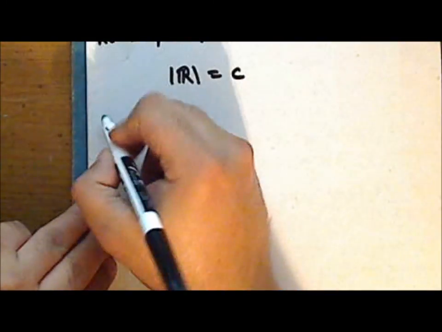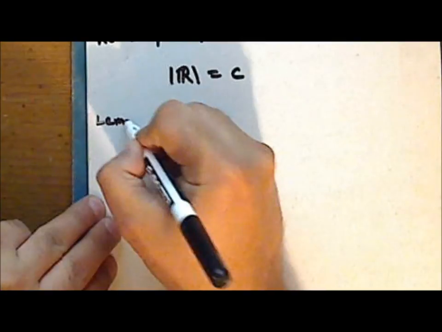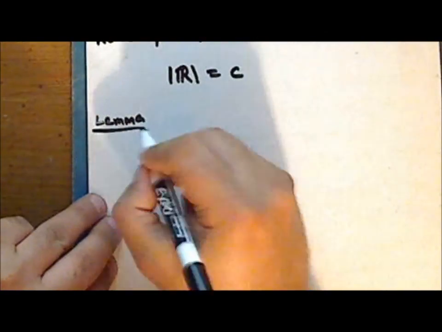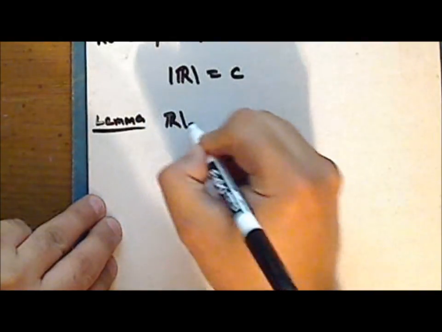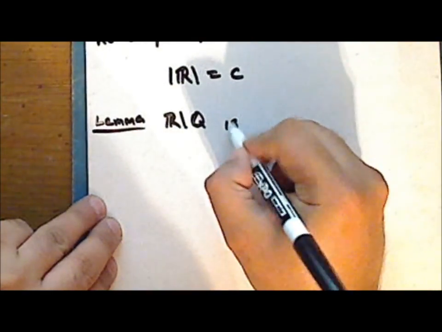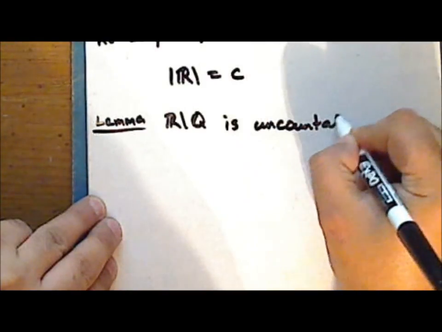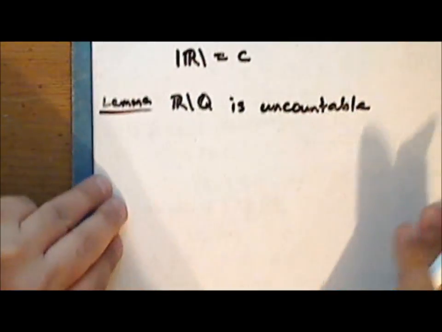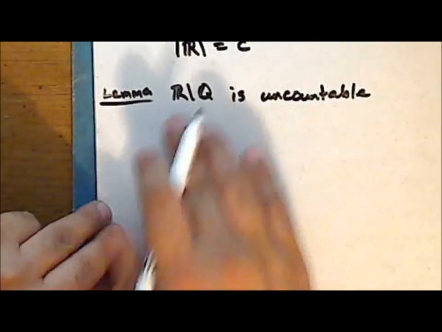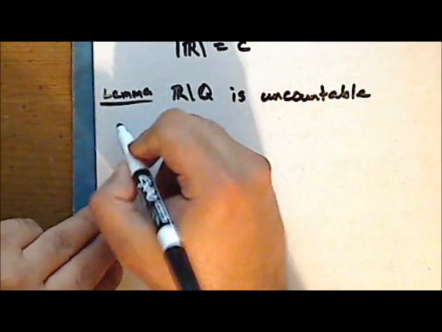Okay, so now that we have demonstrated that the set of real numbers is uncountable, we will now show that the set of irrational numbers is uncountable, and we'll do this by contradiction as well. The irrational numbers are uncountable. So first we will suppose that the irrational numbers are countable.